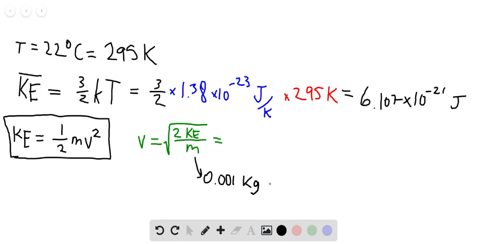The reason why we have to use kilograms is because we are using joules here. So to make the conversion between joules and something else, we want to make sure we're using units from the International System of Units. And for mass, that would be kilogram. If all our variables always use the International System of Units, then we know for sure that the units are going to be correct in the end. If you're not sure, then you would need to convert joules into kilograms times meter square.